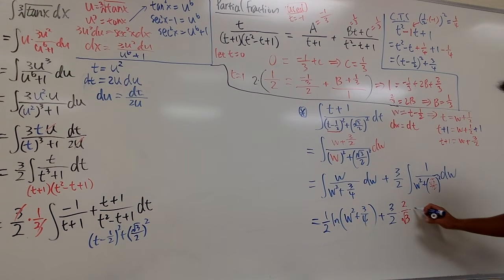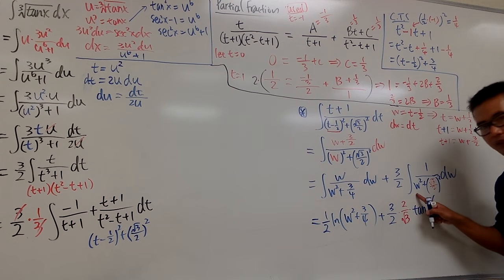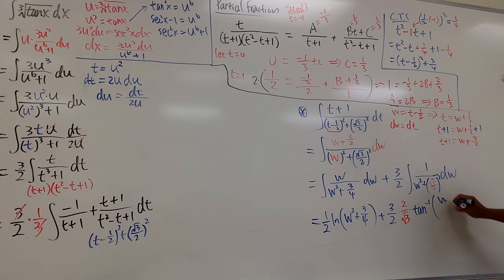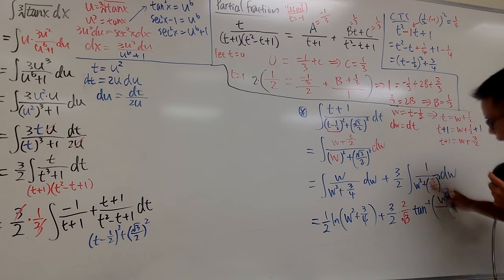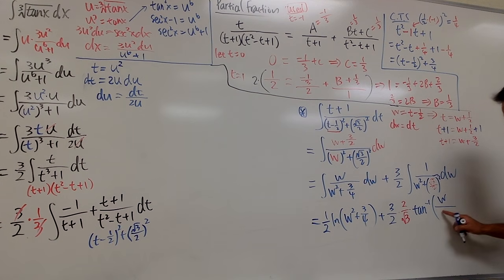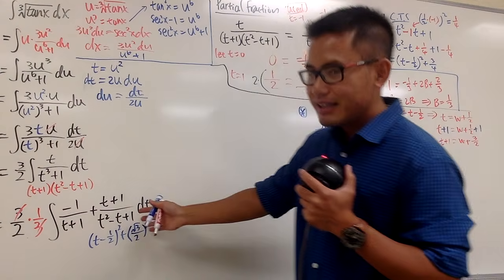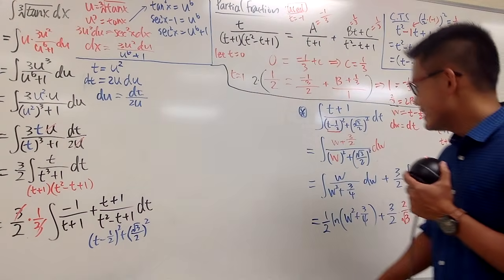And we will have the inverse tangent. And the inside is going to be whichever variable we use, which is w, over the a value, which is square root of 3 over 2, right? But the 2 will come out here, so it's 2 over square root of 3, like that. Similar to this idea, right? So this part right here is pretty much it for that integral, all right?